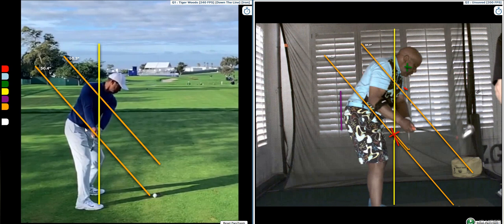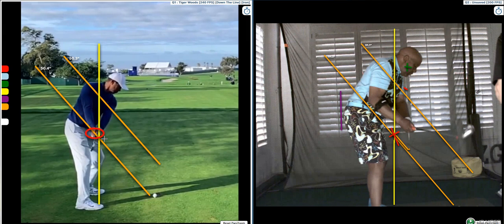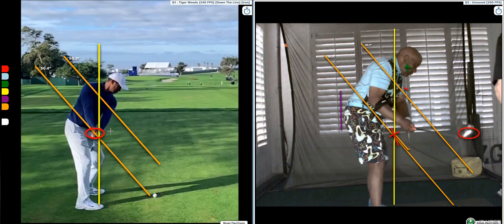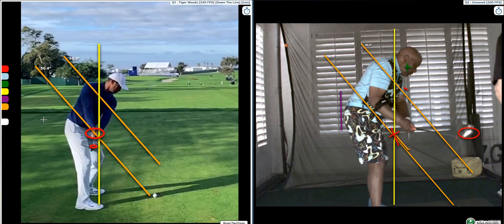Let's look at the takeaway. So back in here, and you're out here.